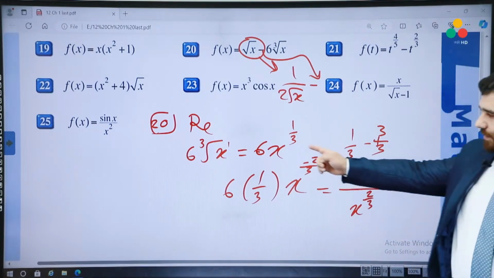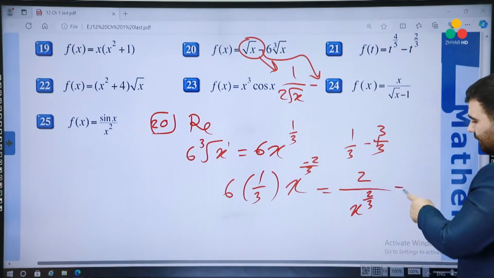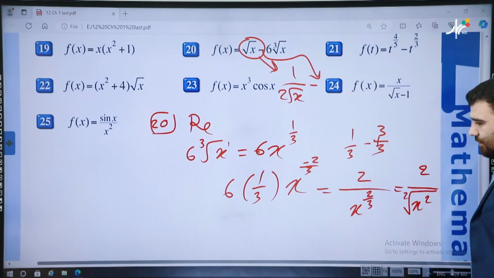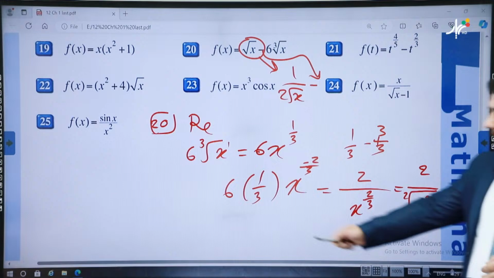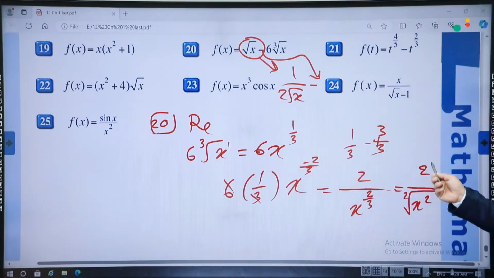Fraction powers, just like this, can be written as root. Then the final answer of this part is 2 over, the upper number is the power of x, the lower number is the power of the root. So the answer is, 6 divided by 3 is 2, 2 over square root of x squared.